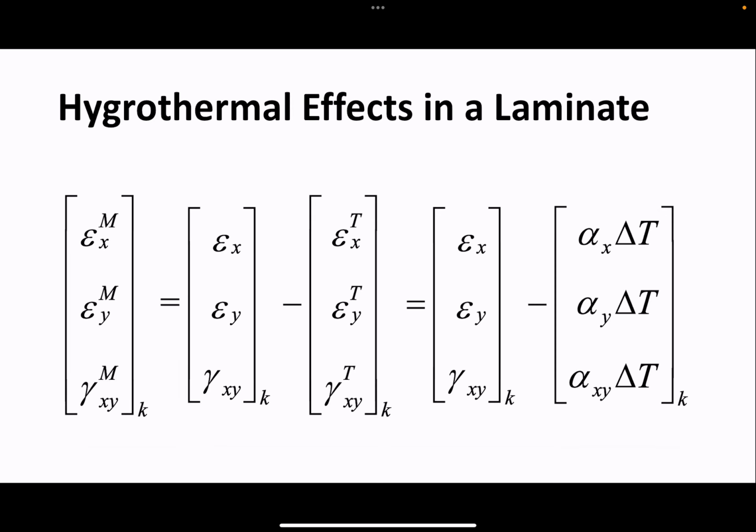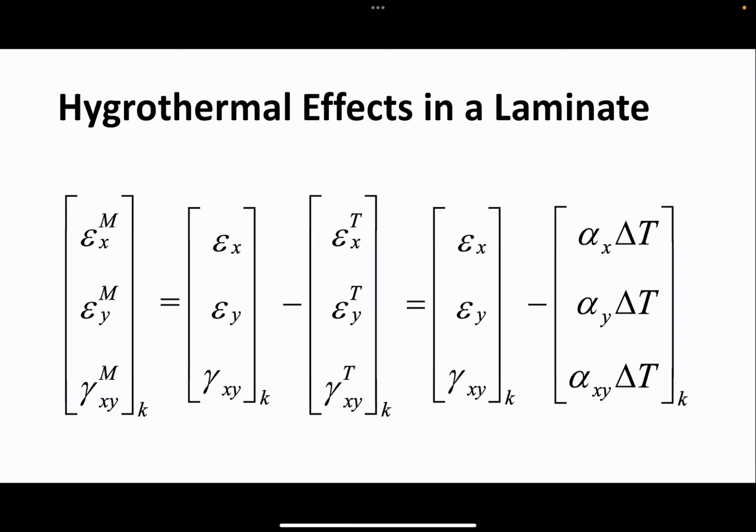We move on to hygrothermal effects in a laminate. What we mean by that is, for example, when your aircraft is flying at a very high altitude, it gets icy, it gets very cold. Because of the reduction in temperature, and also there's moisture up there, that might affect the way our part is behaving. So what happens if there's no constraint? Then it is free to expand.